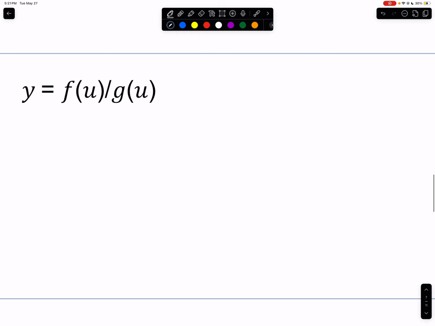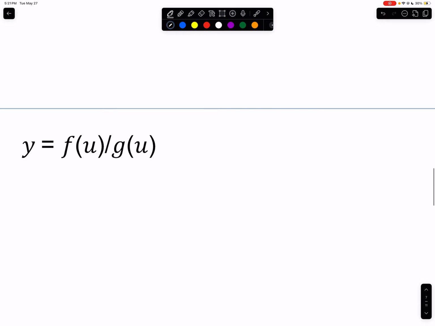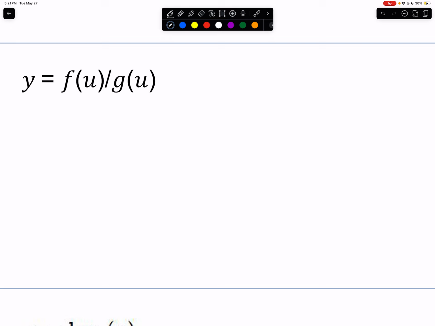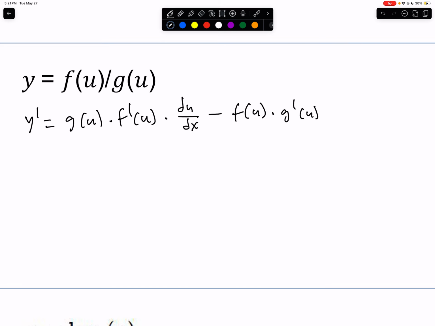And then here is just the quotient rule, right? Again, if you're really stuck, but I really wouldn't expect you guys to be stuck, it's the quotient rule, but log differentiation is a way of getting it. Y prime equals bottom times the derivative of the top, and remember, this is du dx, minus top times the derivative of the bottom, du dx, all over bottom squared.